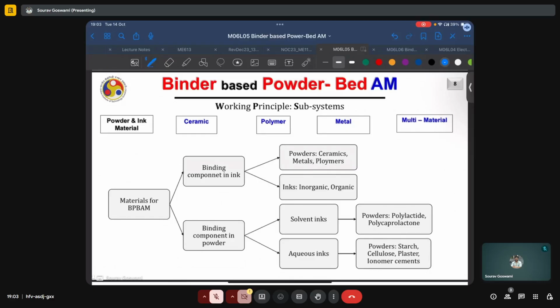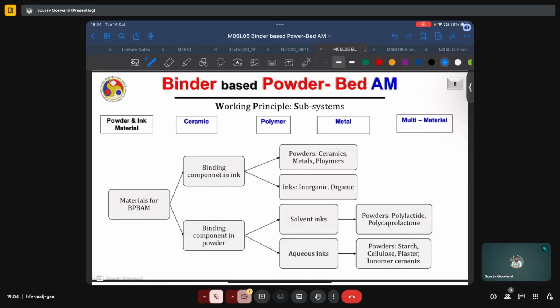The types of material which are used for binder-based powder bed AM can be subdivided into whether the binding component is available in the ink itself, or whether it is available in the powder itself and just getting activated by the use of the binder. If the binding component is present in the ink, the typical materials which are processed are powders, such as using a combination of ceramic, metal or polymeric powders and inorganic or organic inks.